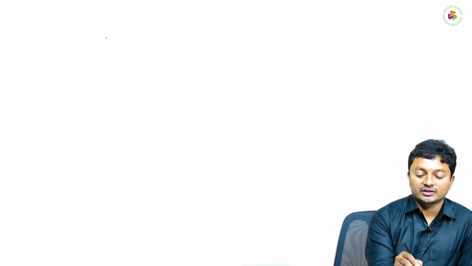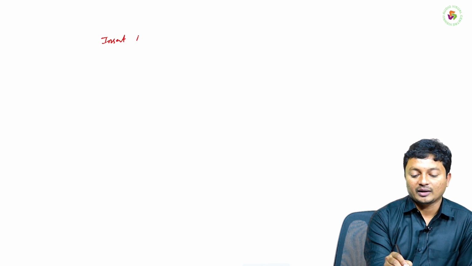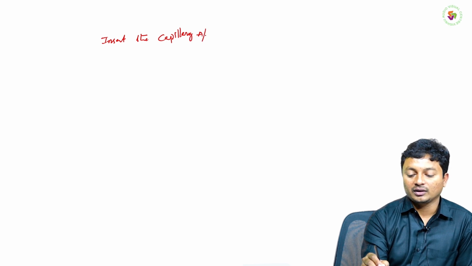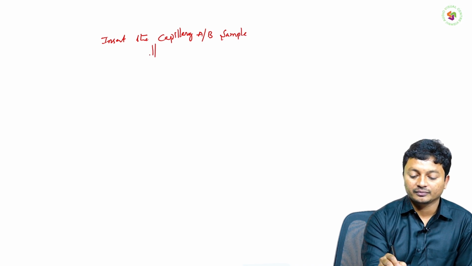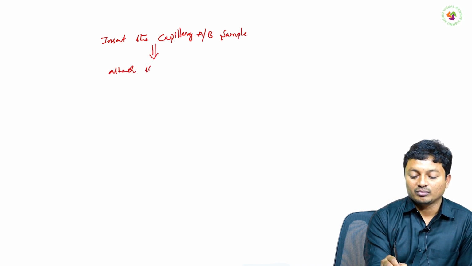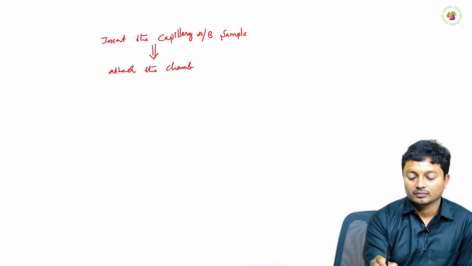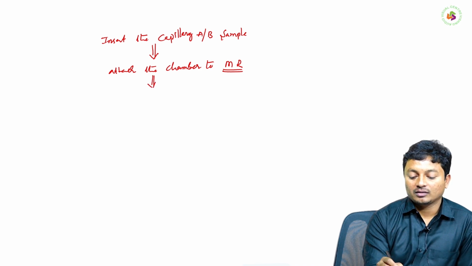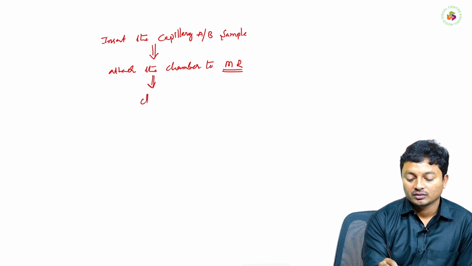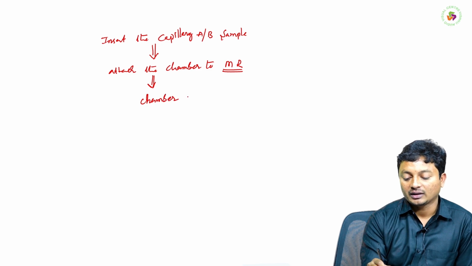In this bubble pressure method, let us discuss how the process works. First, insert both capillaries A and B into the sample, and then attach the chamber to the mercury reservoir, and the same chamber should be attached to the manometer.